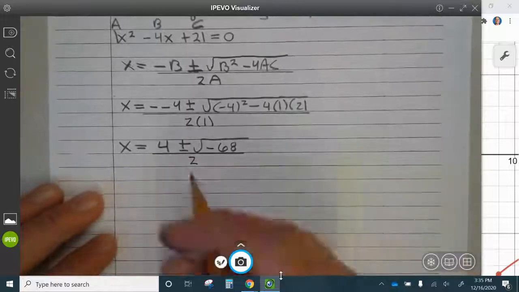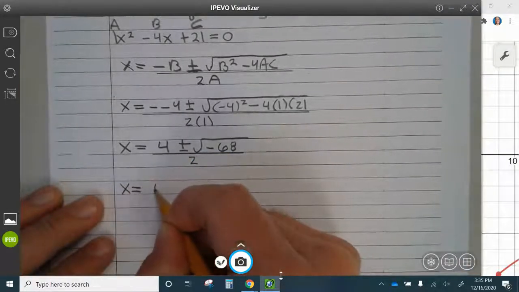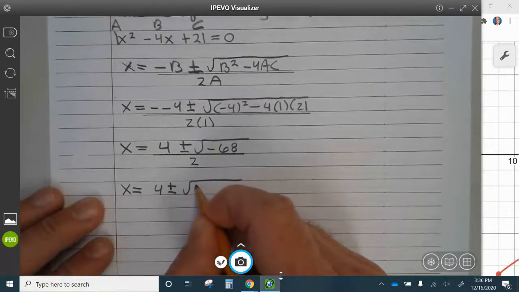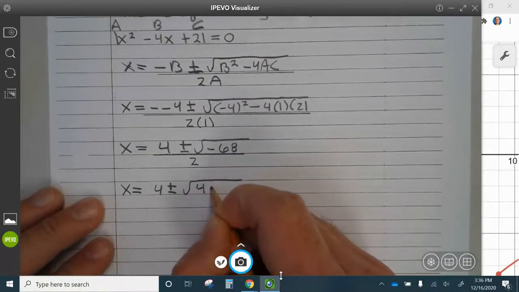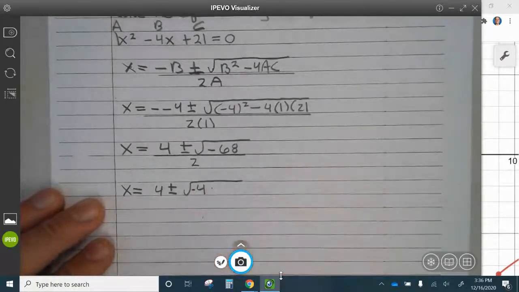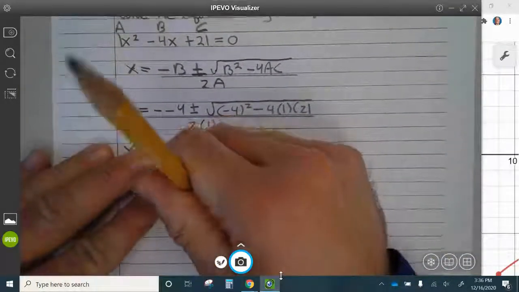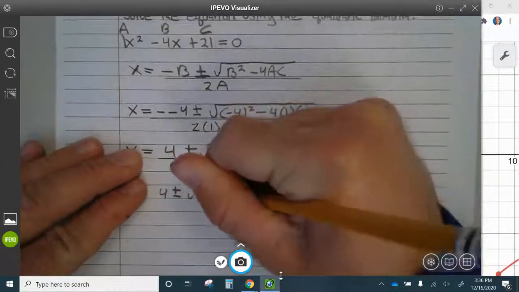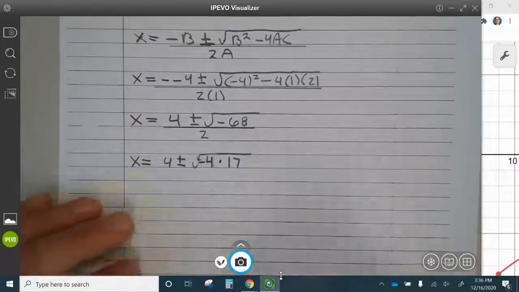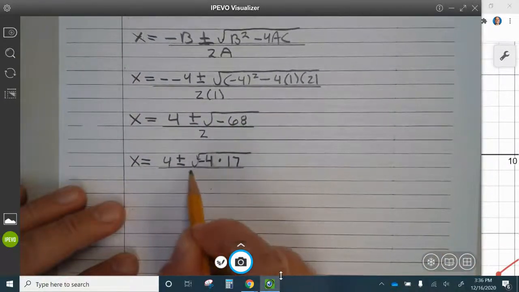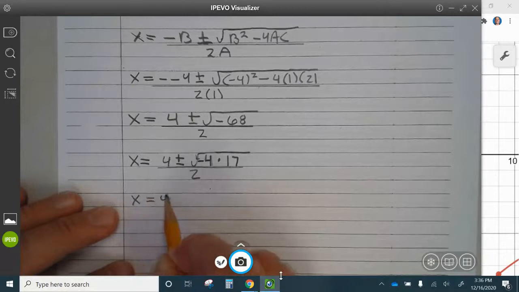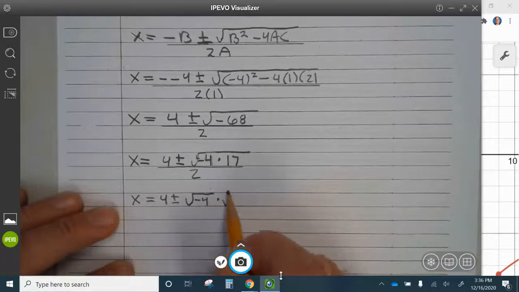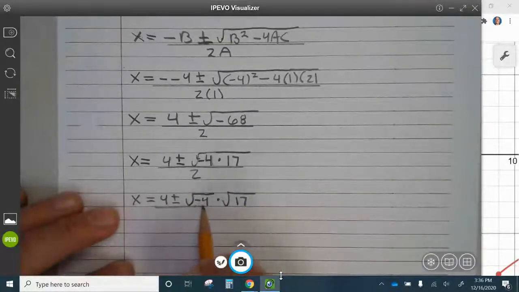So we're going to write this as x equals 4 plus or minus the square root of, we can actually make that the negative 4 times 17, okay, divided by 2. So then x equals 4 plus or minus the square root of negative 4 times the square root of 17 divided by 2.